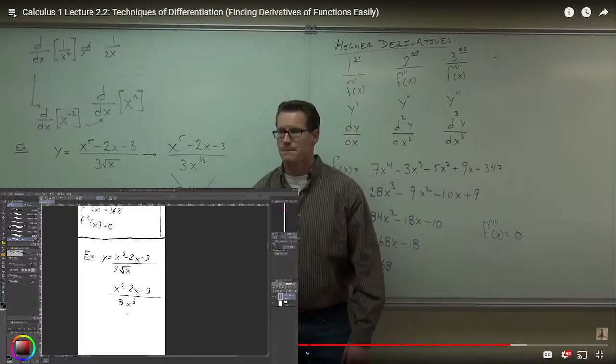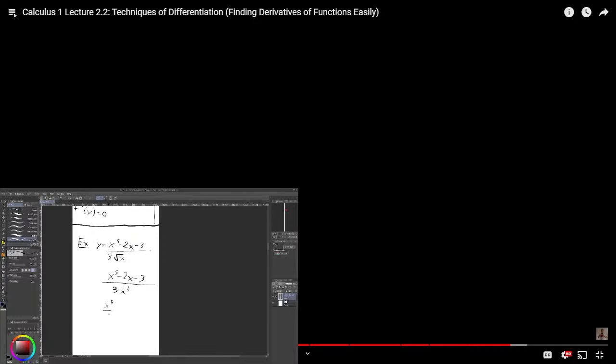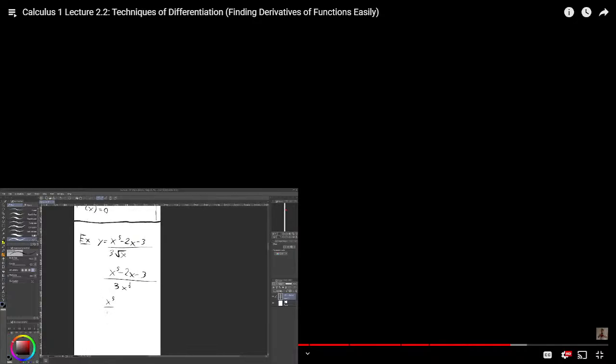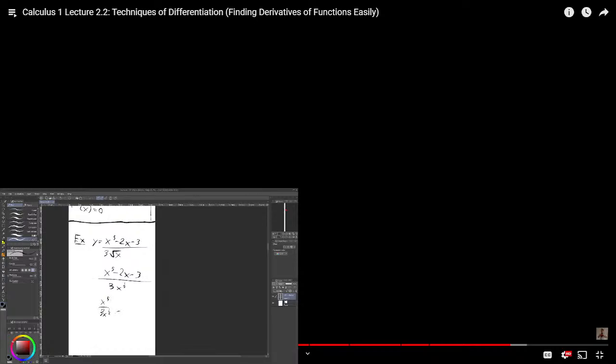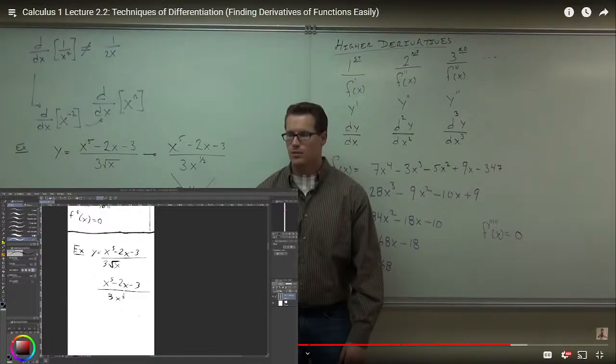Only thing I'm seeing is that you can split this up to like x to the power of 5 over 3x to the half minus 2x, and so on. But you still have fractions and all that. You can't do the conjugate because it's one term in the bottom. What can I do? Factor or something?